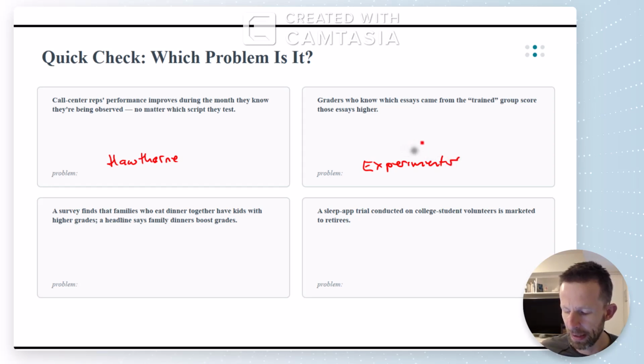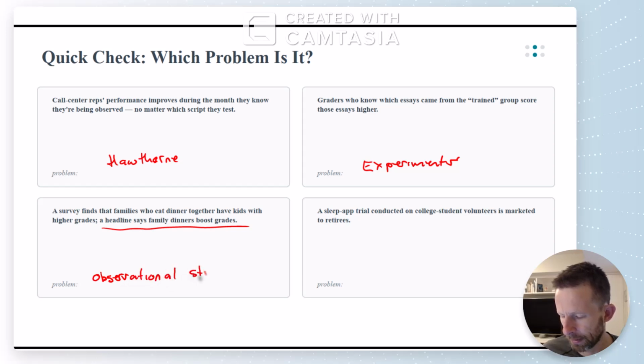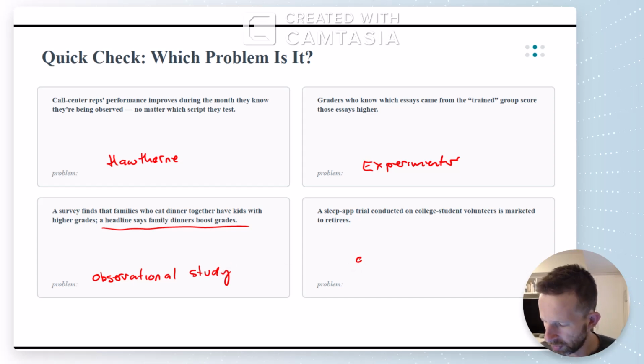A headline says, family dinners boost grades. So they're saying the dinners cause higher grades. This would be an observational study, so inappropriately drawing conclusions from observational studies. Last one: a sleep app trial conducted on college student volunteers is marketed to retirees. So generalizing results inappropriately.